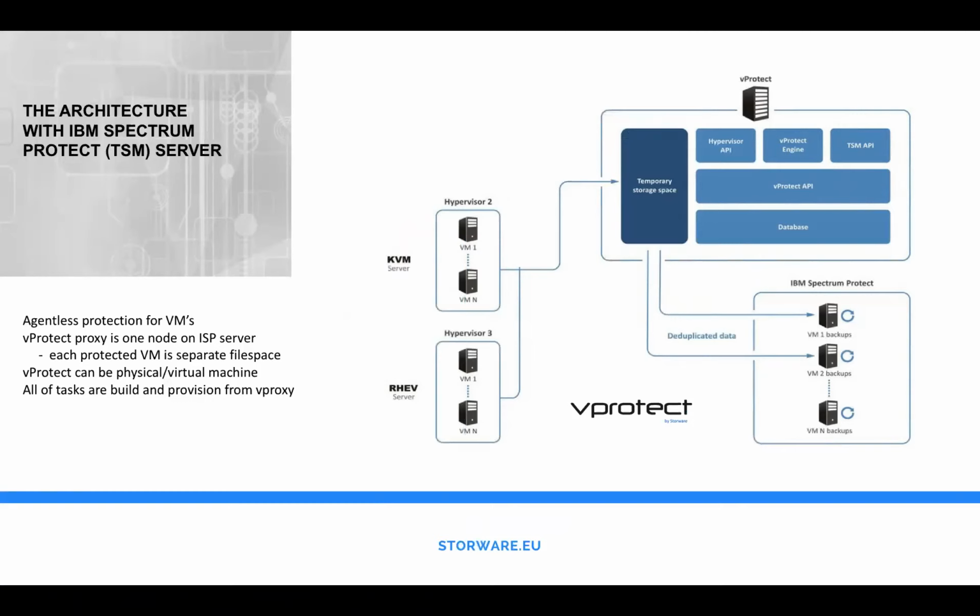We collect the information about the machines, and we schedule and do a backup. We'll see how the integration with the API looks in a few minutes. What is more important, vProtect will always take the VMs after we do the snapshot to the temporary staging space.